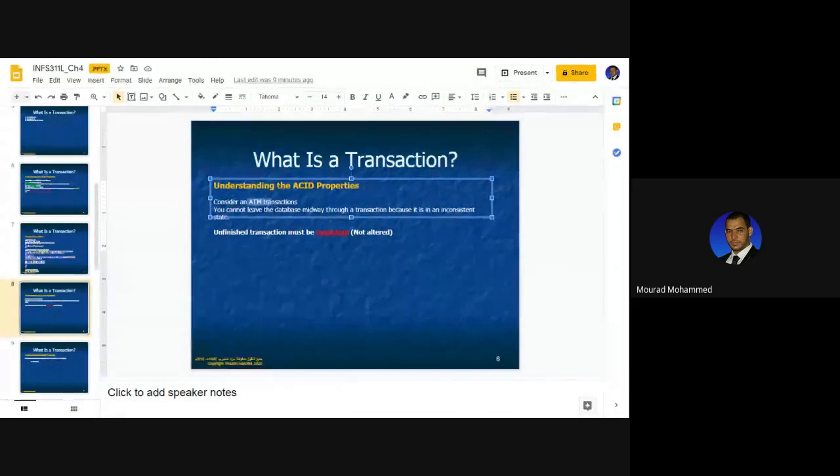So there has to be an update. And if the money was not withdrawn, the transaction has to be cancelled. That's it. There will be no update to the main account.